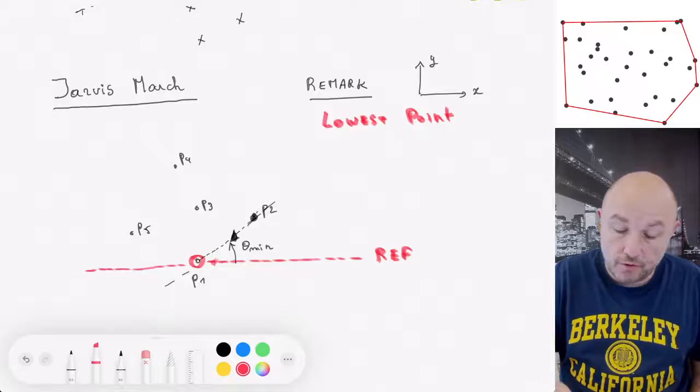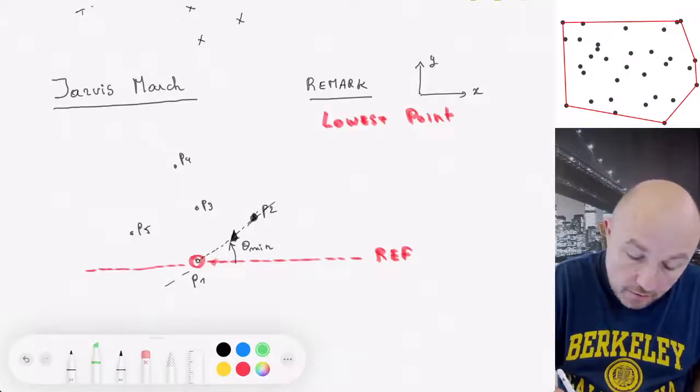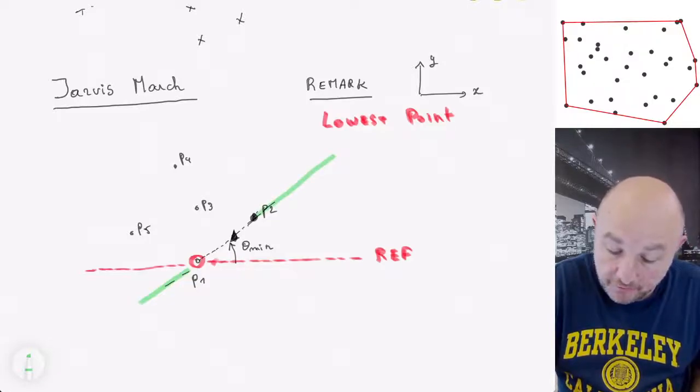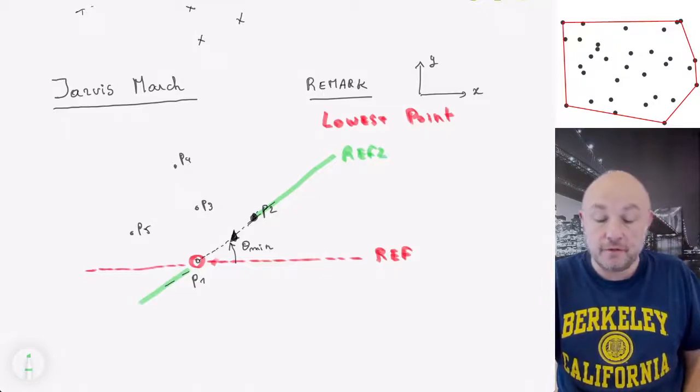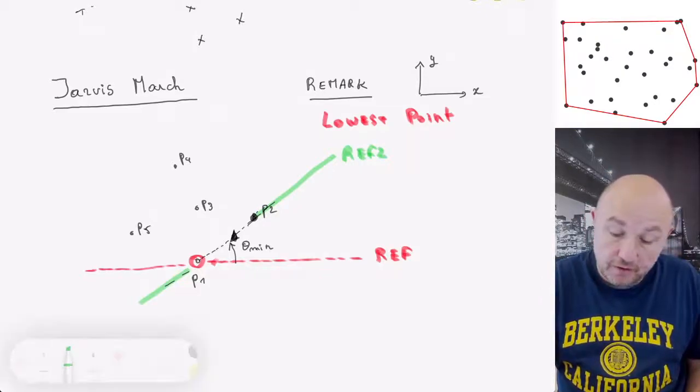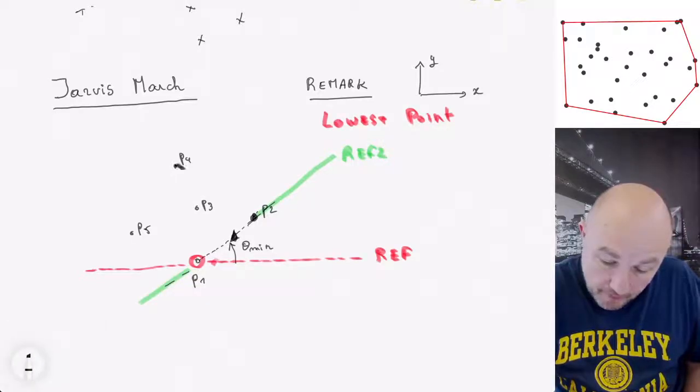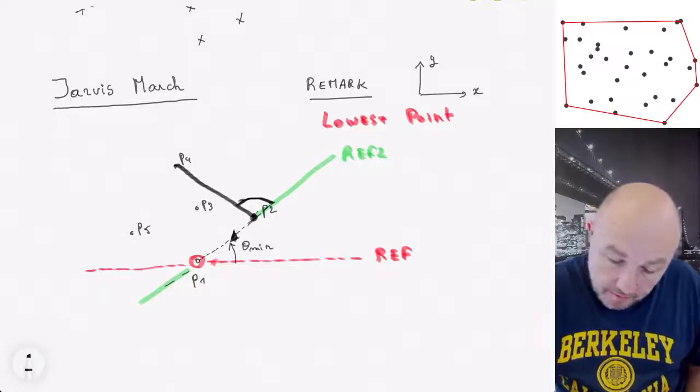Let's now draw a new reference line. This is my reference for the second point. Let's compute the point here that has the minimum angle.